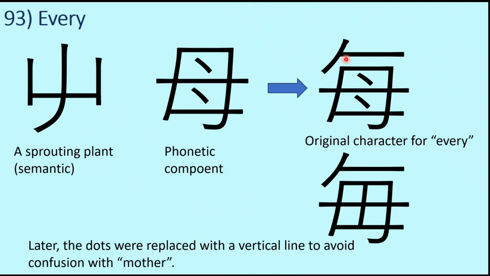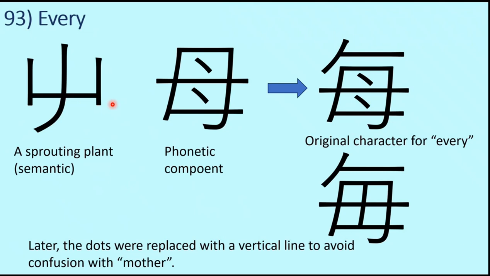Now, from where this was derived, there are semantic and phonetic components. As we have discussed earlier, in most kanji characters there are basically two parts. One is the semantic part, which gives the meaning, and there is a phonetic part which gives the pronunciation. So a kanji character is comprised of semantic and phonetic components.